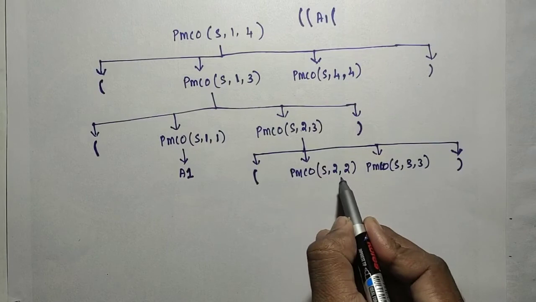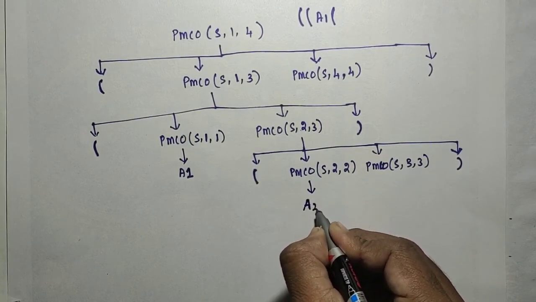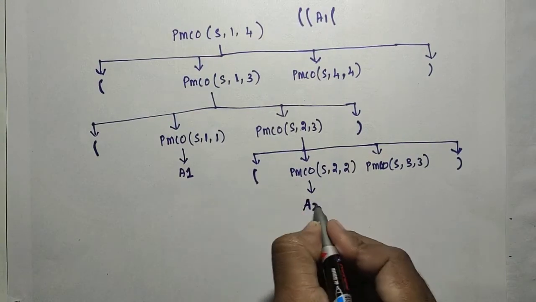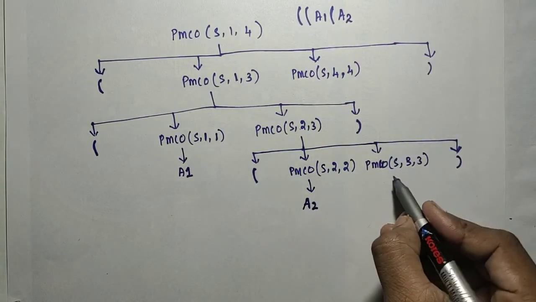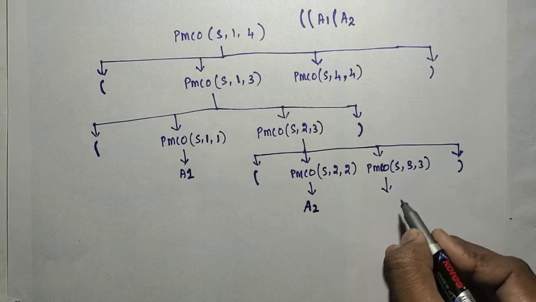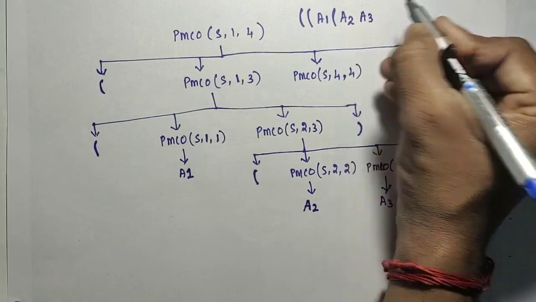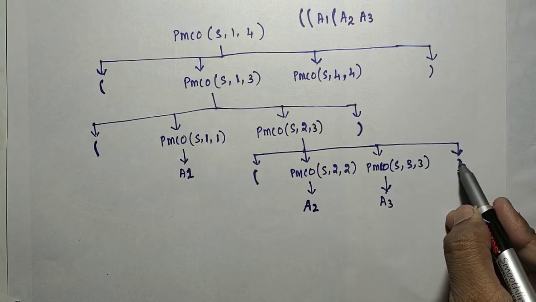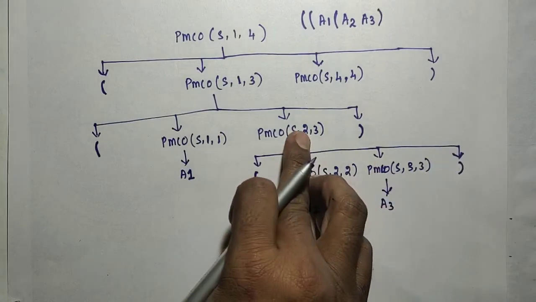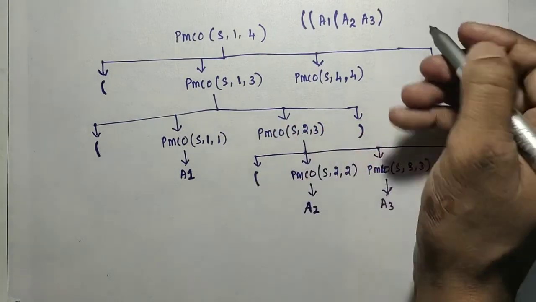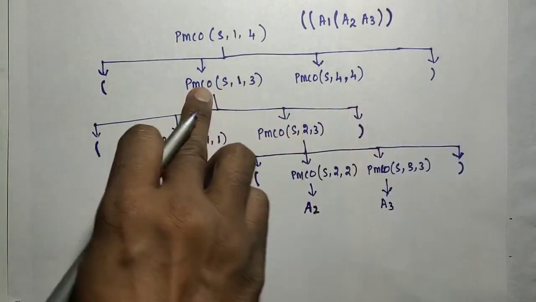So now 2 comma 2, i and j will be the same, so it will print a2. Then it will print a3, 3 and 3 both are the same, so it is going to print a3. Okay, after that close parenthesis. Okay, so this is over, then return to the caller, again another close parenthesis. So this will be closed. So this is over, then return to the caller.